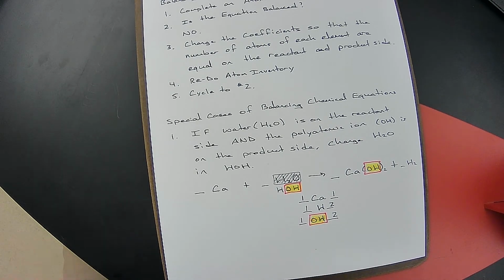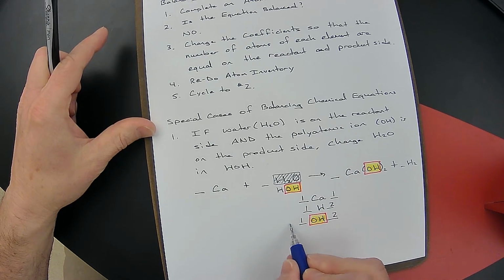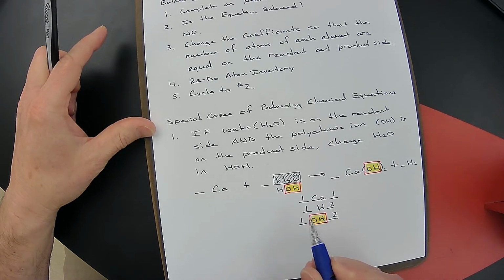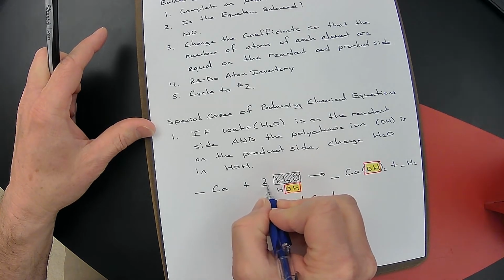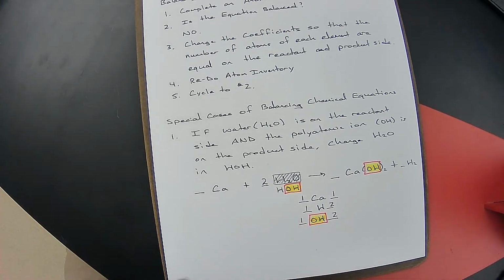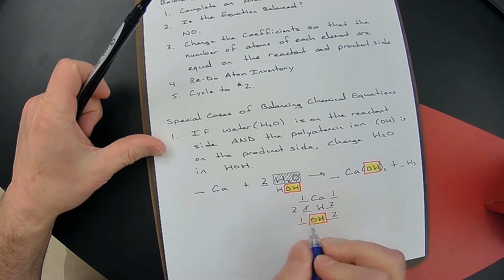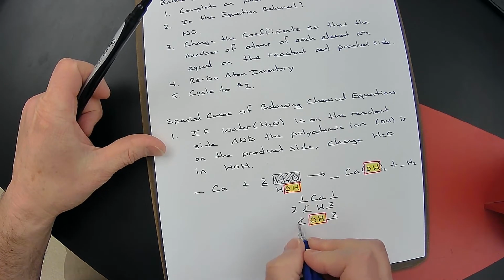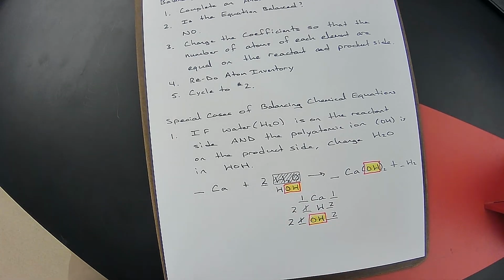So in my mind, to solve this, I want to be able to cross out the 1 and put a 2. To be able to do that, I'm going to put a 2 right in front here, and that will give me 2 H's. So I cross this out and put a 2. But it also gives me 2 OH's, and that's all I need to do to solve the problem.